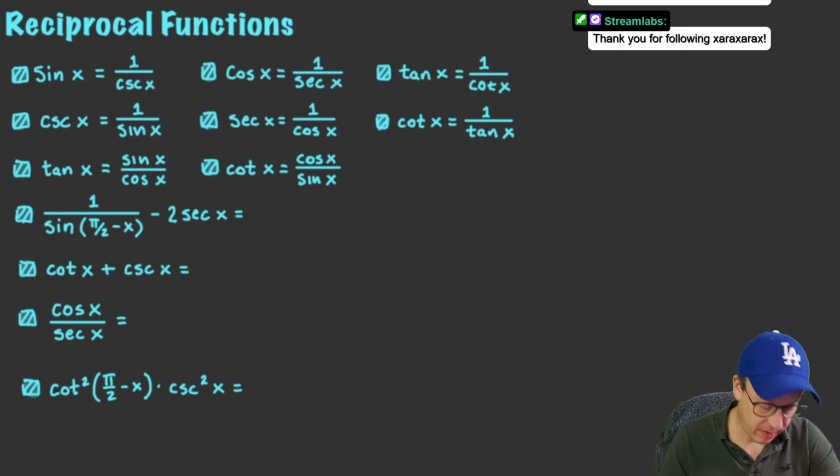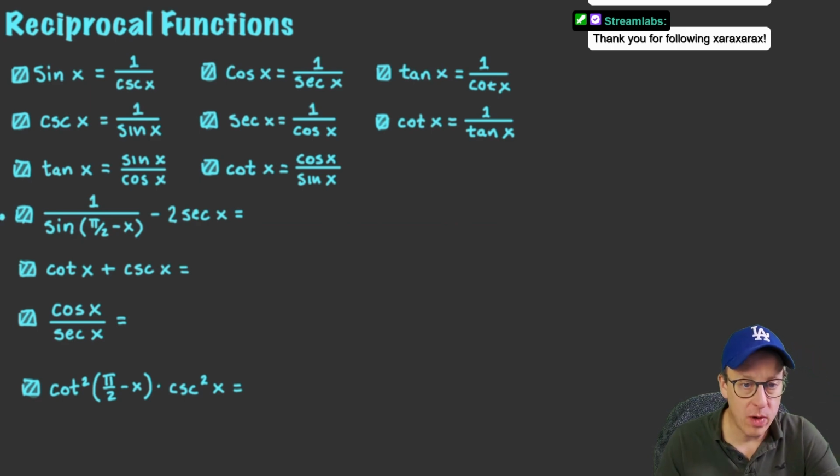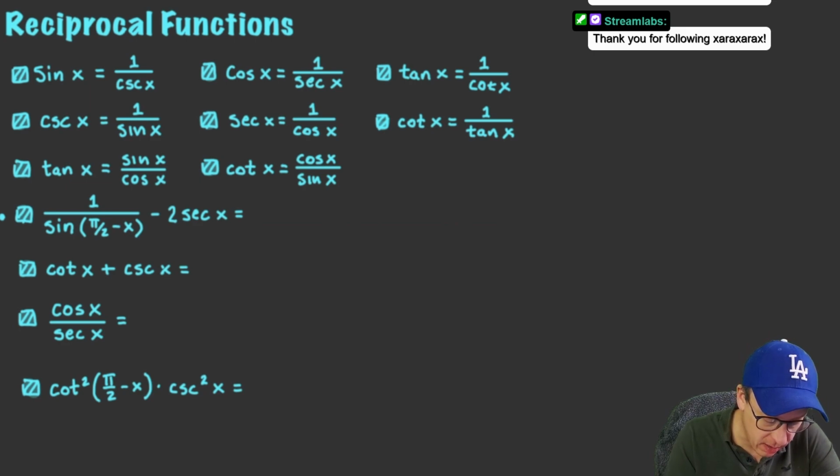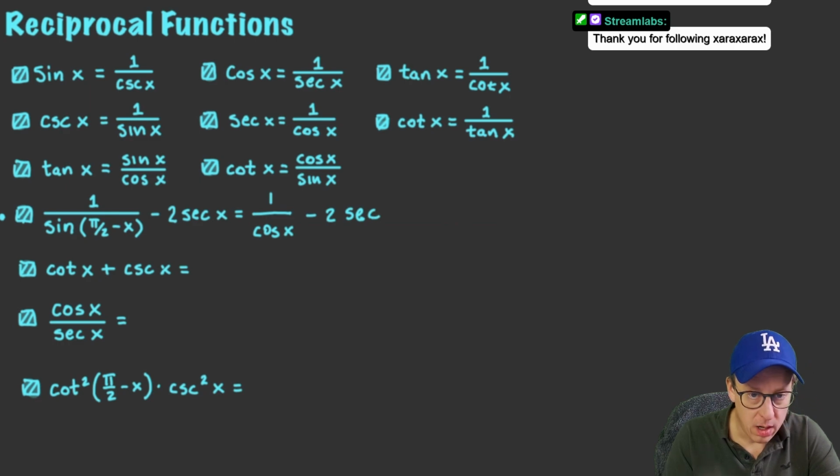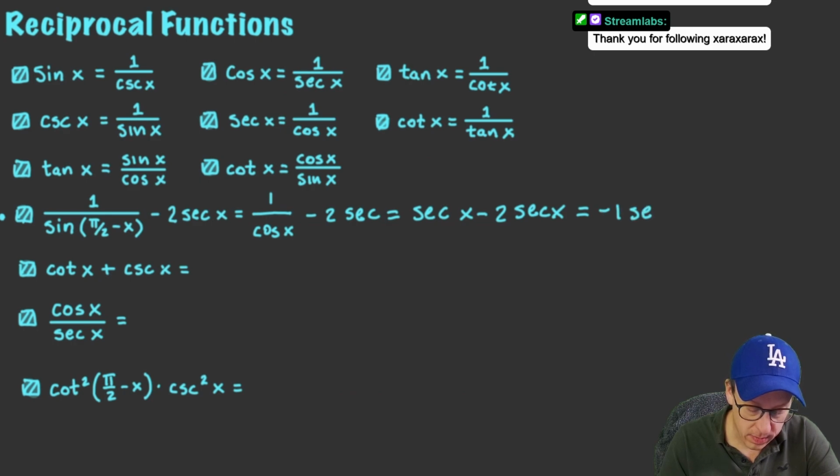If we have this little guy right here and we want to simplify it, using these different rules we're able to convert this into 1 over cosine of x minus 2 secant, which is going to be equal to secant x minus 2 secant x. And, of course, this is going to end up being equal to negative 1 secant x. All right? And we'll move on to the next one.